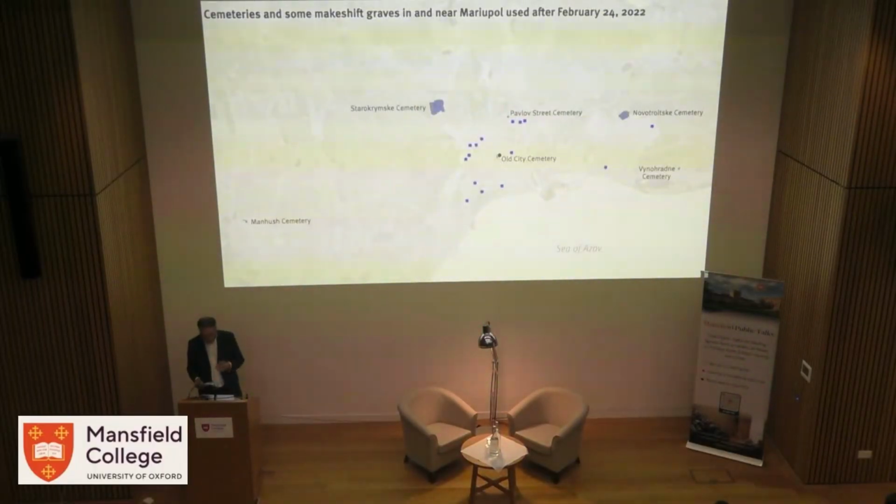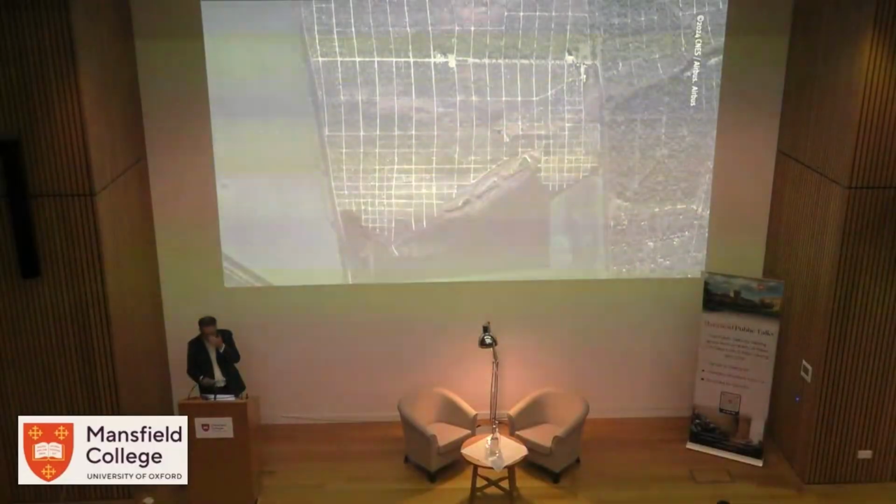One of the ways we did this was by analyzing satellite imagery of the city cemeteries to see how many people were buried in and around the city in that period. We looked at the city's main burial grounds, in particular the Starry Krim Cemetery. On satellite imagery, we could clearly see that rows of new graves had been dug, seeing individual graves, but also trench-like graves dug in the soil.